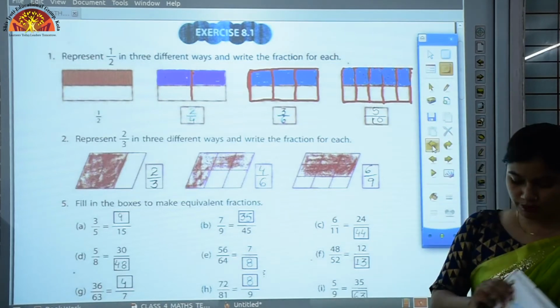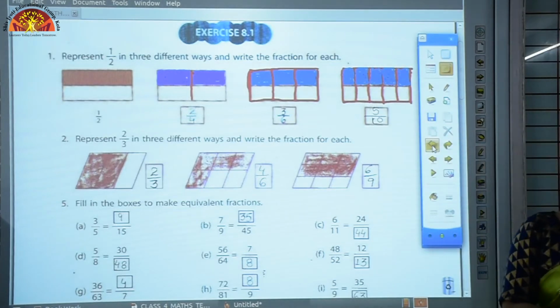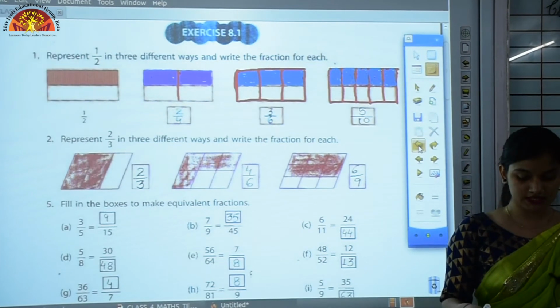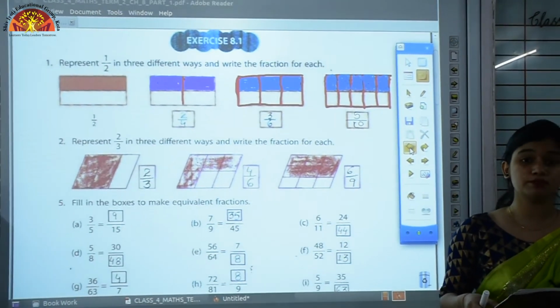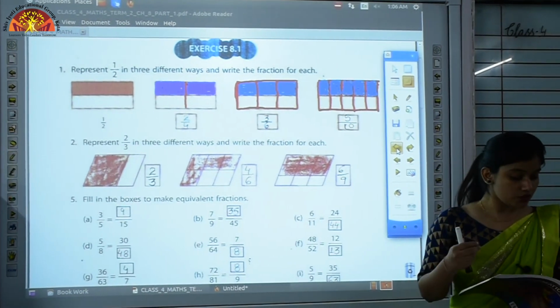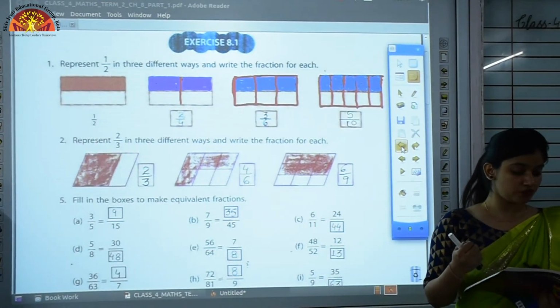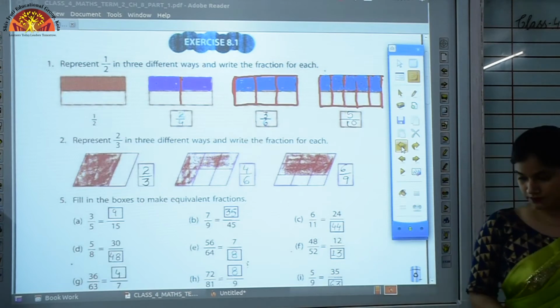So students, open page number 102 in your book and question number 3 is write 3 equivalent fractions for the given fractions by multiplying. So now in question number 3 we have to write 3 equivalent fractions. Okay.